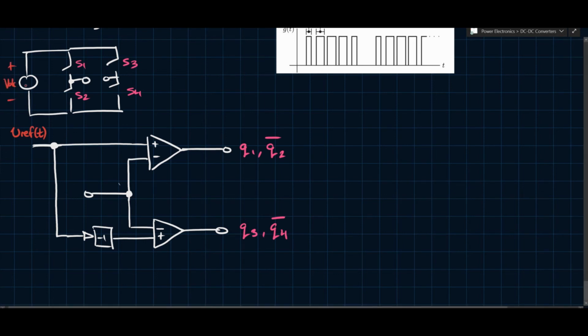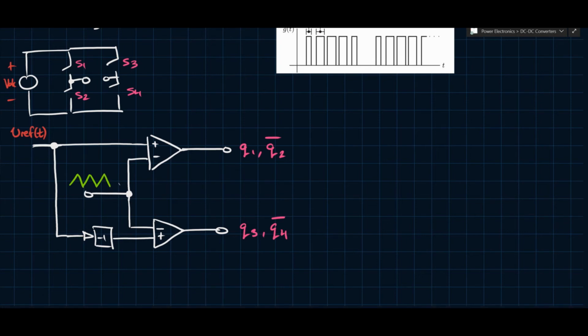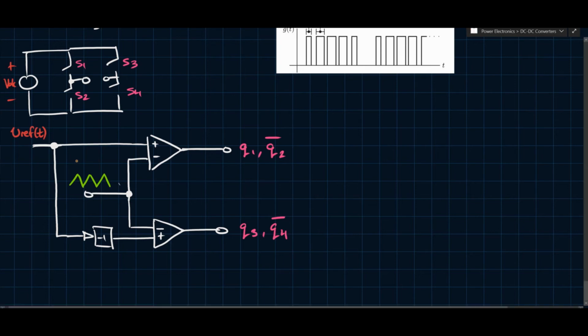So Q1 and Q2 would be, well, sorry, I forgot to draw one more thing here, and this is your triangle carrier, right? And obviously this is the frequency or the period, however you want to call it. We can call it F or FS, however you want to refer to that.